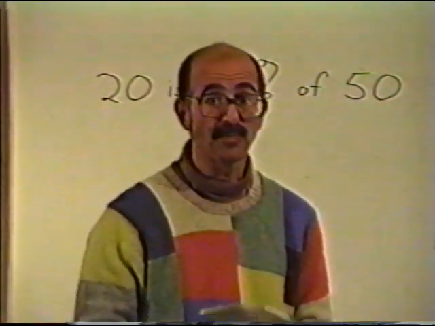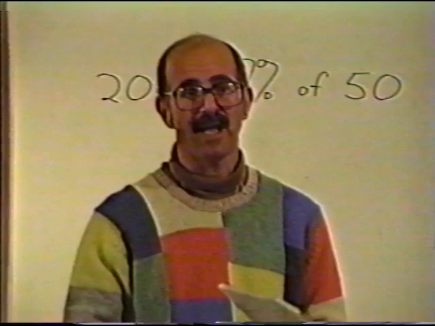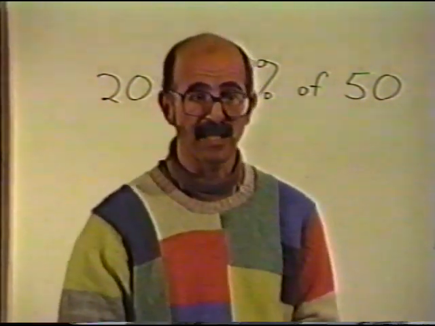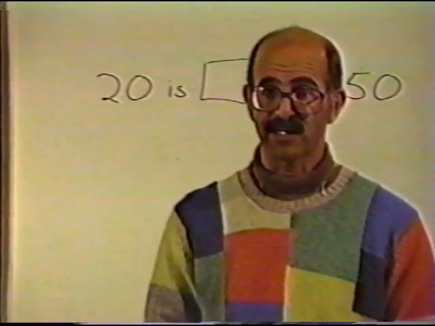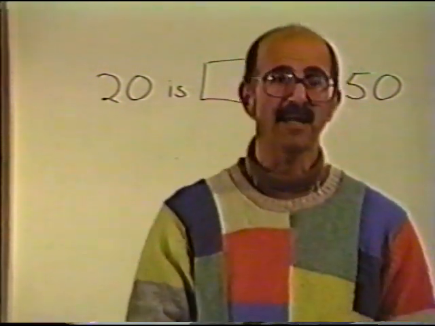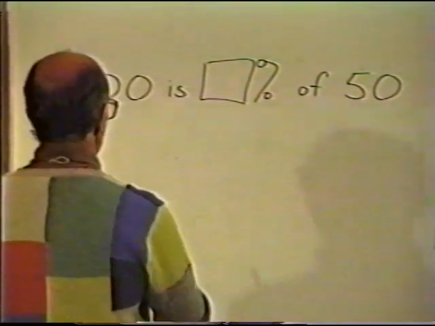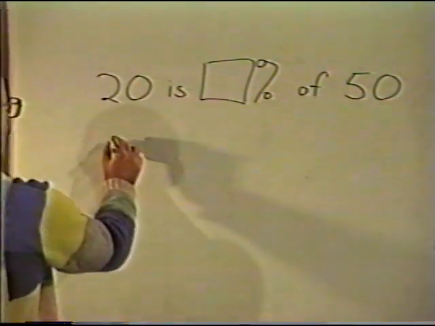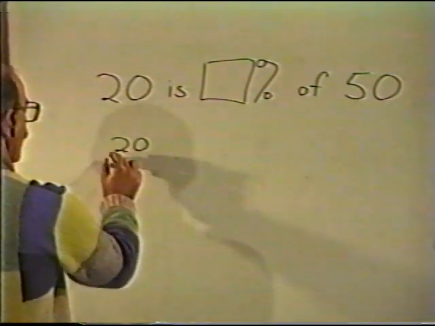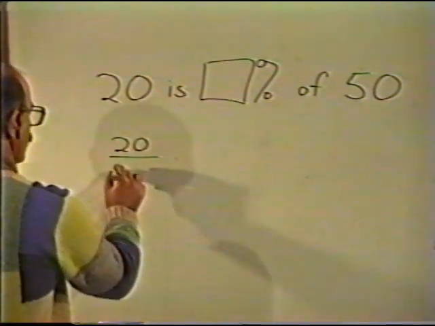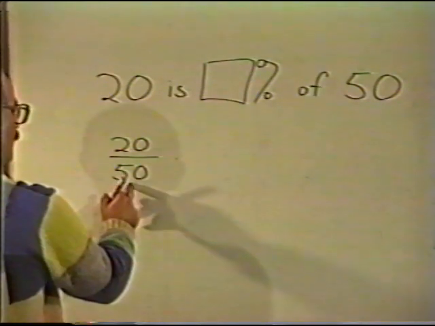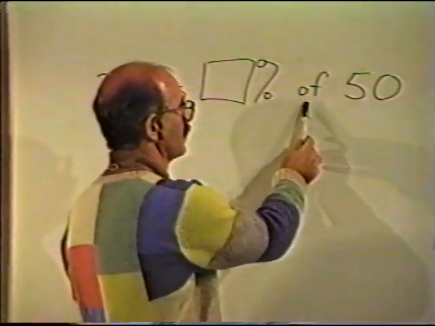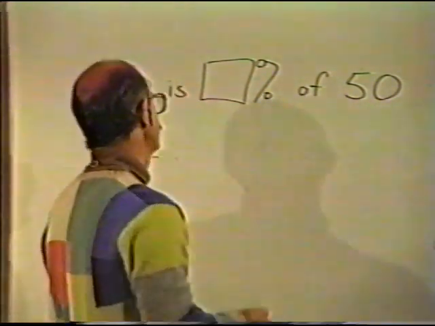Now, in type 2 problems, you do not have to set up an equation. You just have to realize that percents come from fractions, and we're going to make a fraction out of these 2 numbers. We always put the part on the top and the whole on the bottom. The bottom number is always the one that comes after this word of.